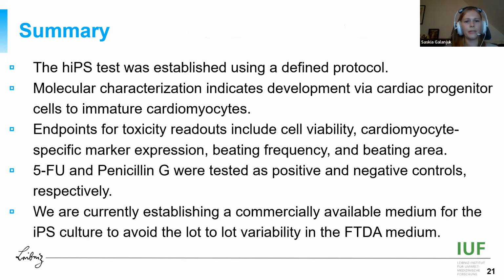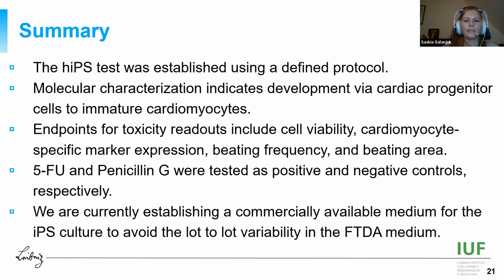So in summary, the HIPS test was established using a defined protocol, and molecular characterization indicates development via cardiac progenitor cells to immature cardiomyocytes. Endpoints for toxicity readouts include cell viability, cardiomyocyte-specific marker expression, beating frequency, and beating area.